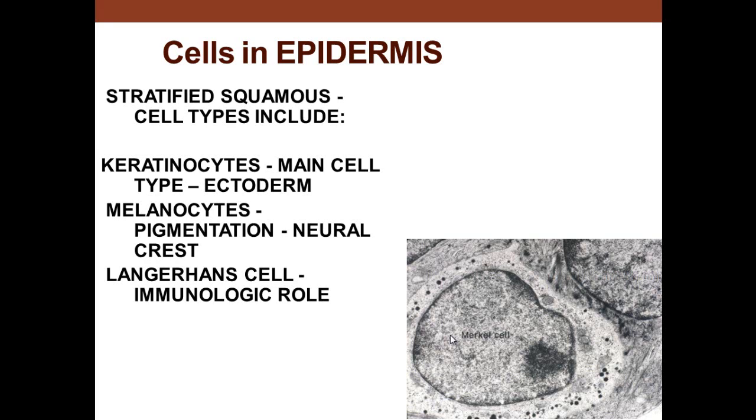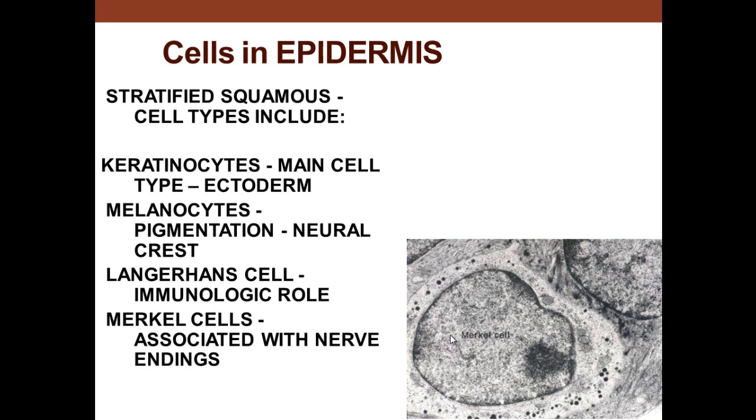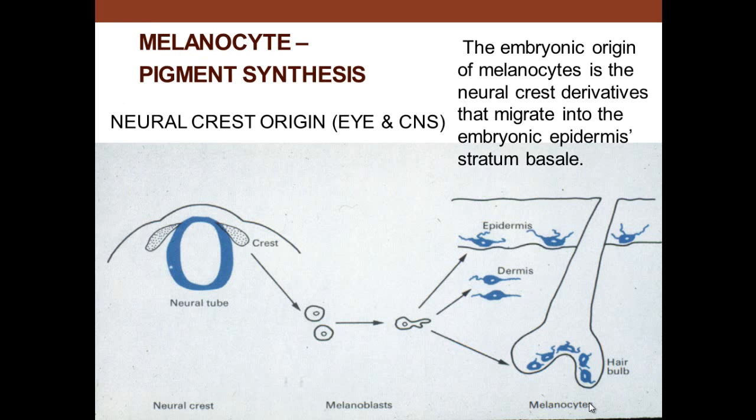There's Langerhans cells, also in the epidermis, and they have an immunological role that we'll talk about in a minute. And there's Merkel cells, those associated with nerve endings, and here we see one of those cells. They do make desmosomal connections with the keratinocytes, so we can't separate them from the keratinocytes, but there's a nerve ending associated with it that helps detection of something in skin.